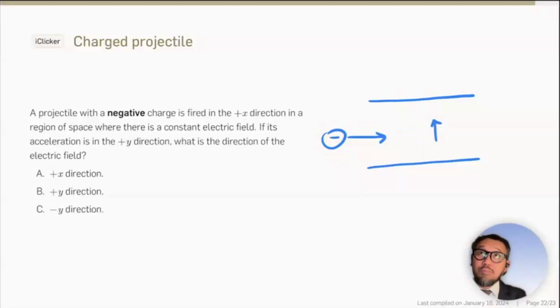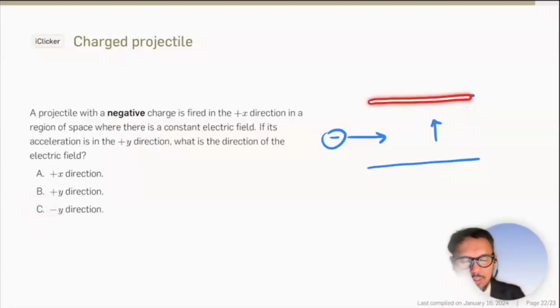Because this is not a simple test charge. For a test charge, the sign is positive. This is negative, okay? Since the acceleration points up, that means the field should point down. So C, so the answer is C, okay?